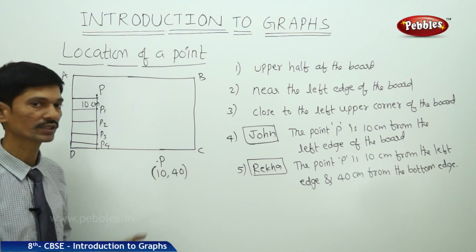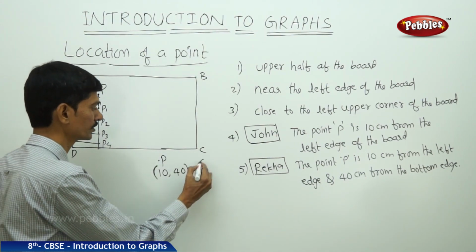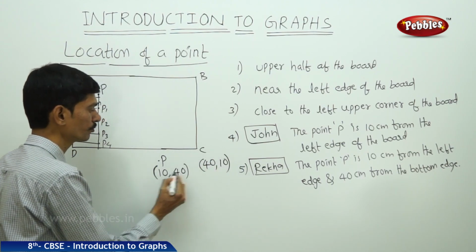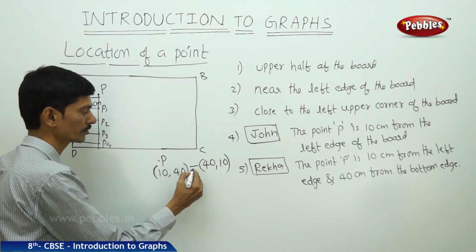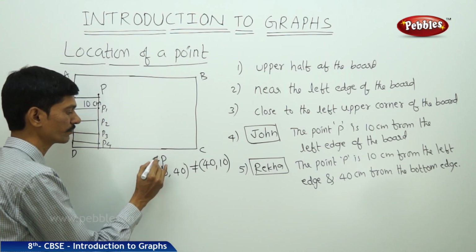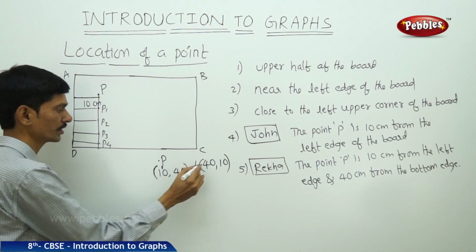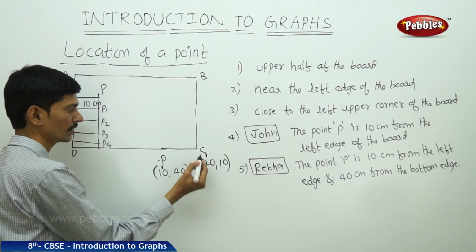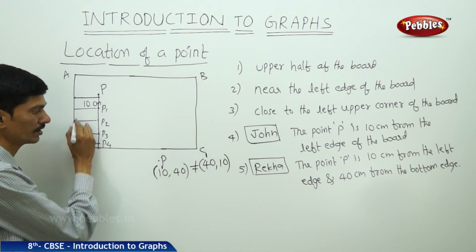Now if you take the point 10 comma 40 and another point 40 comma 10, are these 2 points the same? We can say that these 2 points are not the same, they are different points, because here 10 represents the distance of the point from the left edge, whereas in the second point the first value 40 means the point is 40 centimeters away from the left edge.